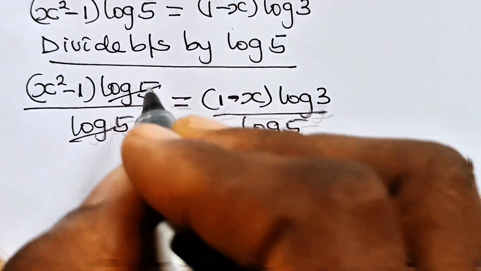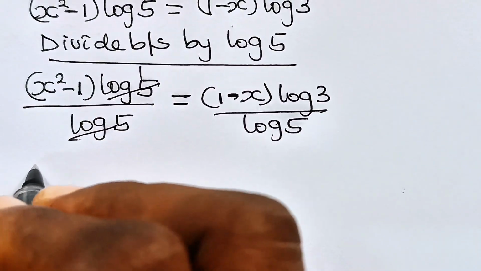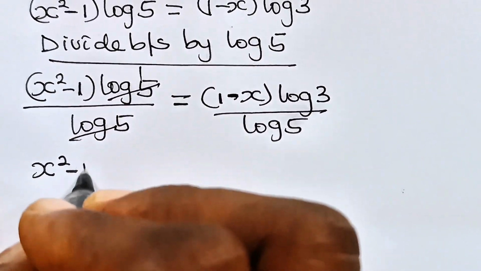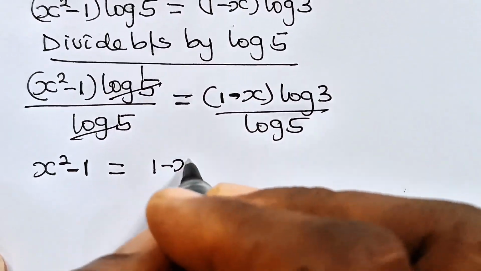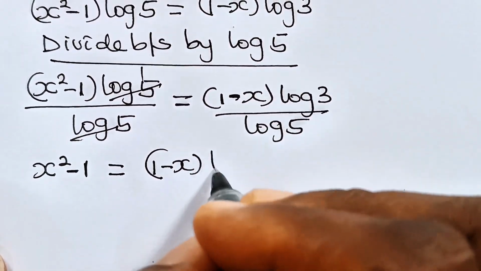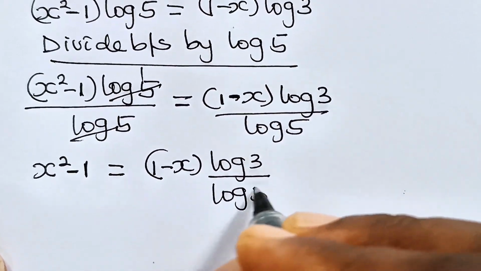So log 5, we'll divide this, we have 1. 1 times this will give us x squared minus 1 is equal to 1 minus x multiplied by log 3 divided by log 5.